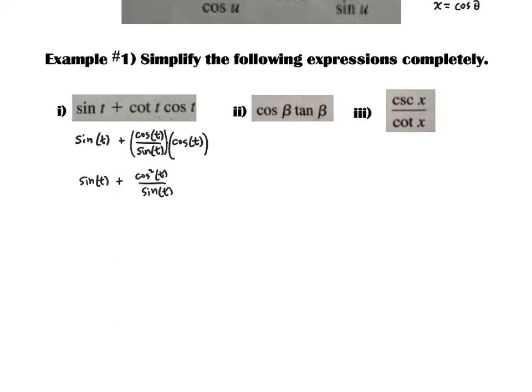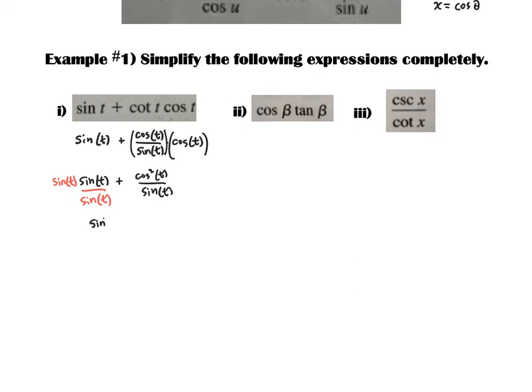Now, it doesn't seem that much simpler than it was before at the beginning of the problem. So what I'm going to do is get a common denominator, which means I need a denominator of sine t, which requires me to multiply top and bottom of the first term by sine t. That way I'm technically multiplying by 1, sine over sine.